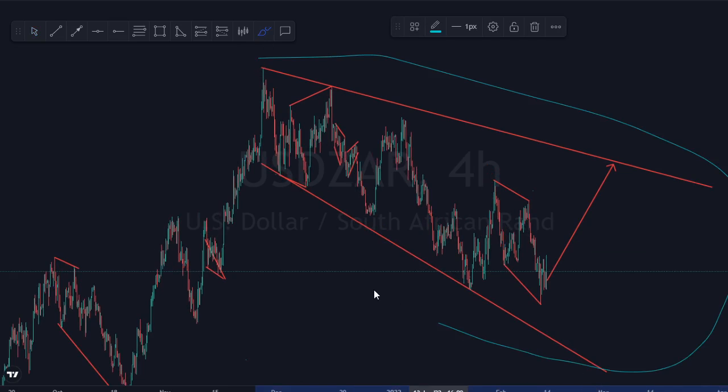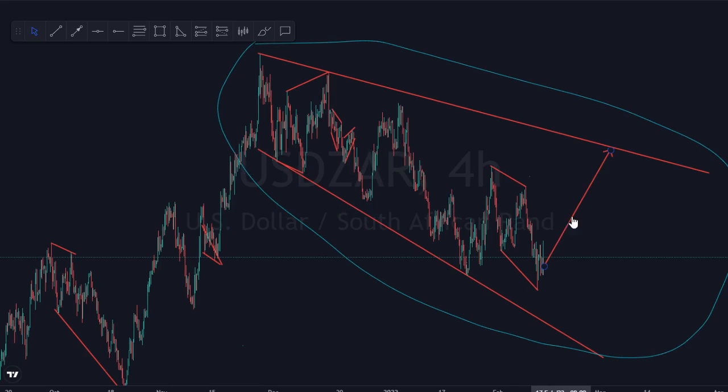reversal pattern. It's a descending structure, guys, which indicates that eventually price is supposed to break out and go all the way to the upside.